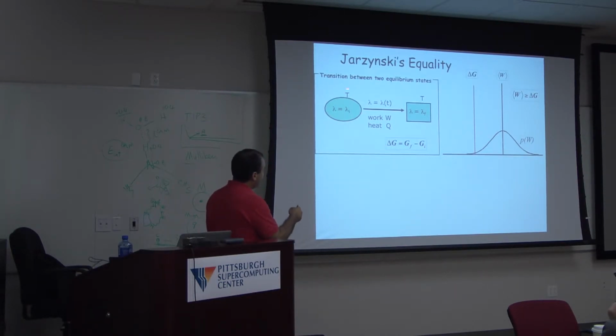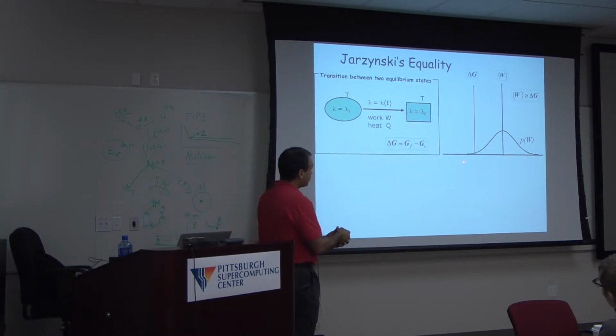So we are going from the initial state to a final state, I to F, and during this you have work and heat exchange, and you are interested in the free energy difference between the two states. So as I told you, on the average, the work is going to be always larger than the free energy difference that you are interested in.